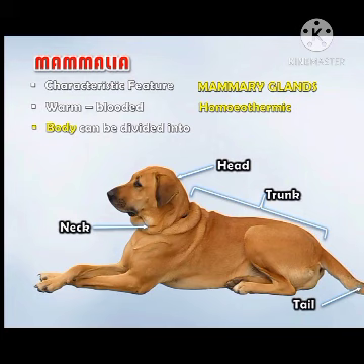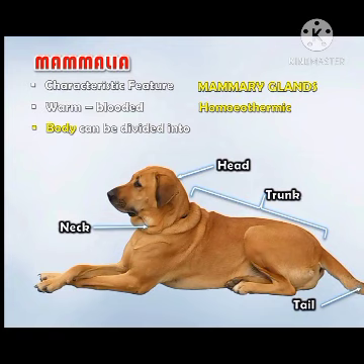Now let's study the last class, Mammalia. The very important feature of class Mammalia is the presence of mammary glands. It is a typical character of Mammalia because it produces milk.